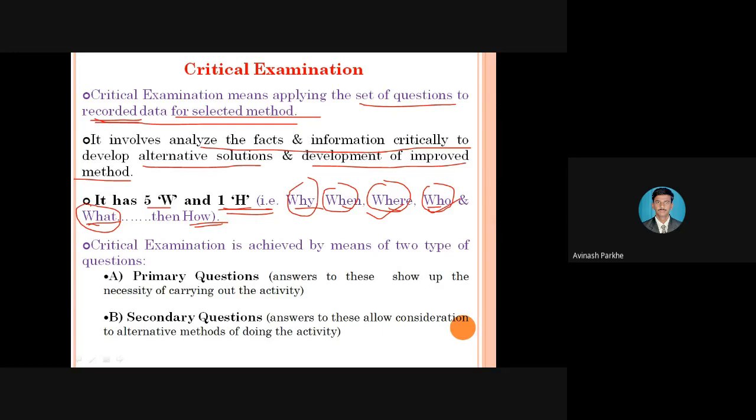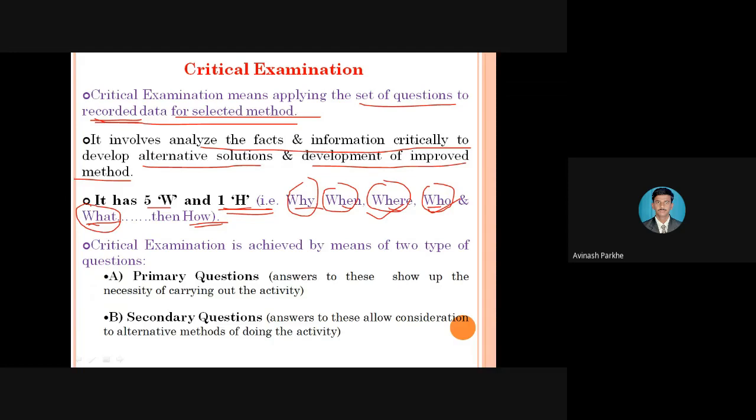If I apply such 5W and 1H questions during modification, or during the development of a new method, that concept is called critical examination.